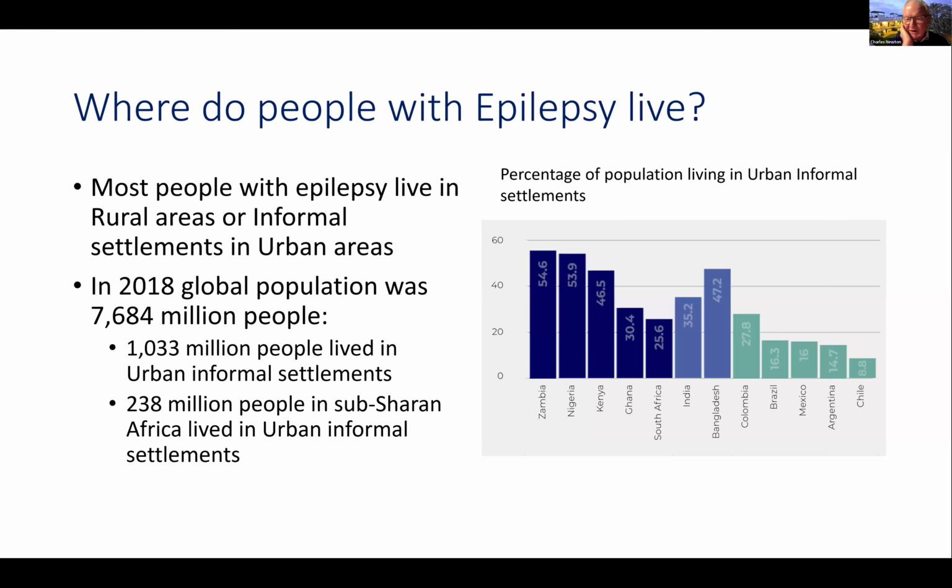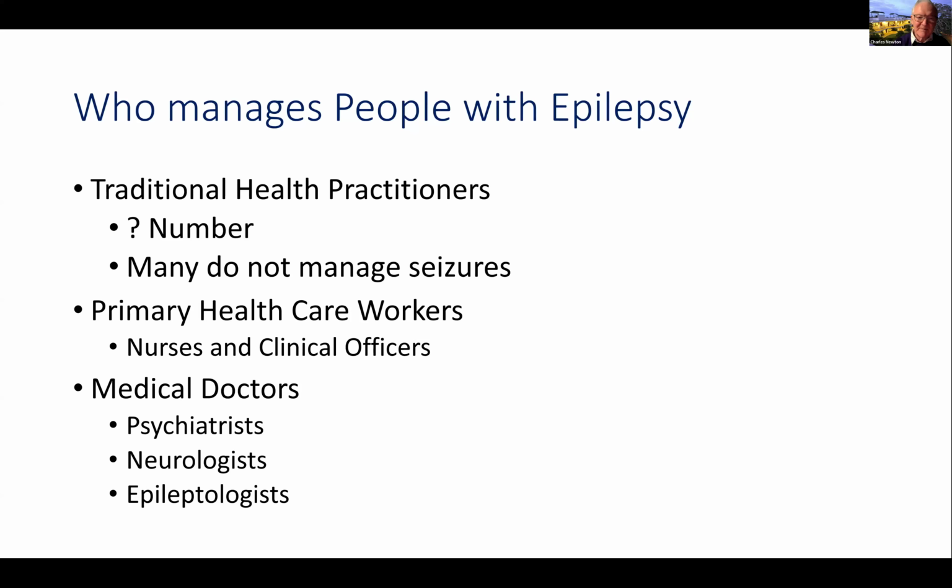And as you can see from the diagram, the proportion of people living in the urban areas in Zambia, Nigeria, and Kenya is considerable, with nearly half the population living in informal settlements in the urban areas. So this represents an area which is particularly important in order to try and raise public awareness of epilepsy, but also try and reduce the diagnostic gap and improve management.